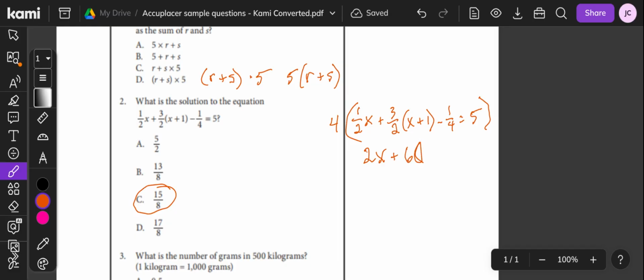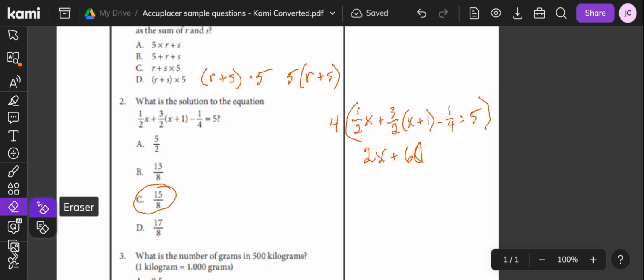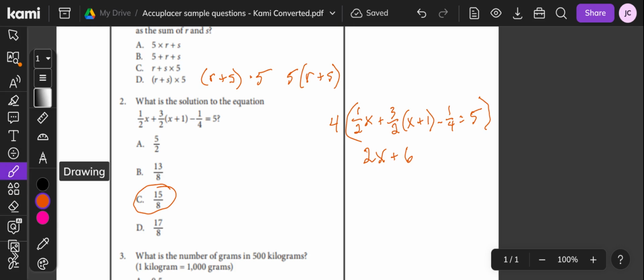I don't do anything to the x plus 1 because that's going to happen later. And then minus 1, because 4 times negative 1/4 is minus 1, equals 20. So I've gotten rid of all the fractions.